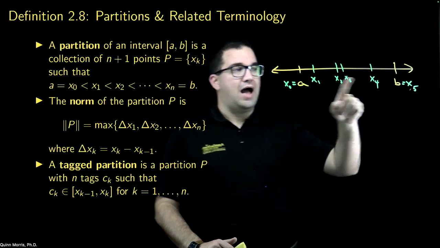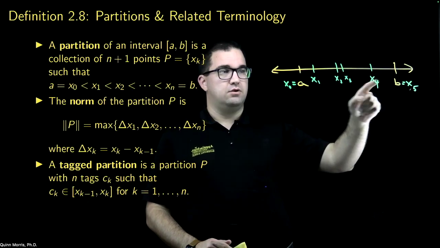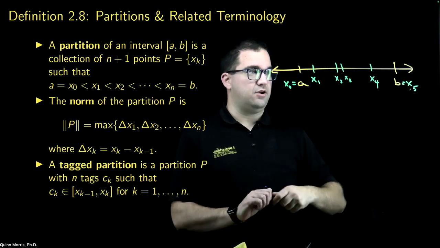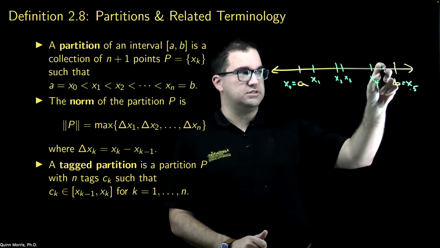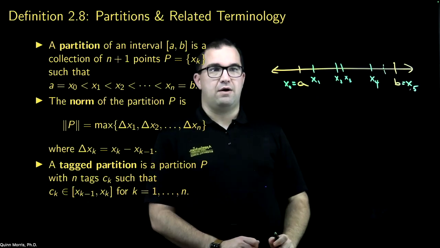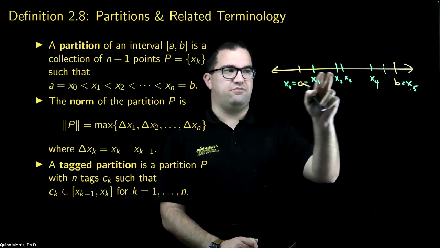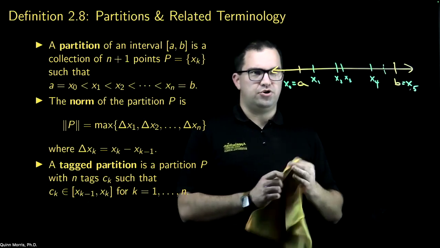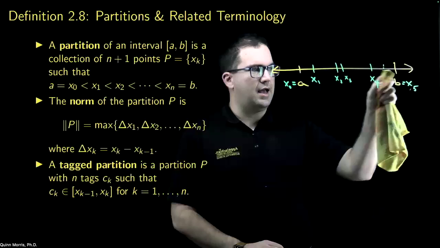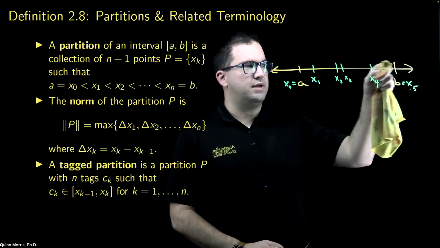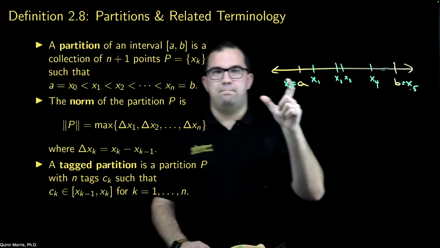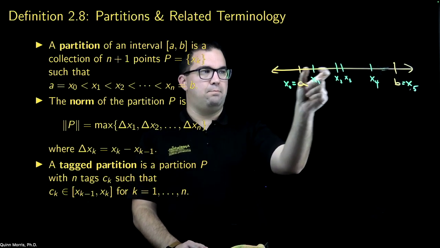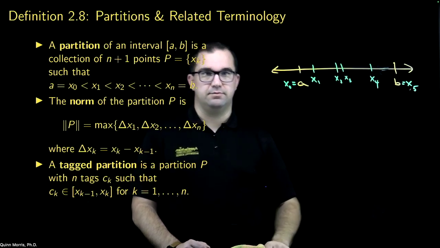However, here, I can add points to this partition without affecting any of the other bases. I could just add one more point right here, and that hasn't affected any of the other bases. So what I want is some measurement of how big the bases of the rectangles are. How big are the gaps in this partition?